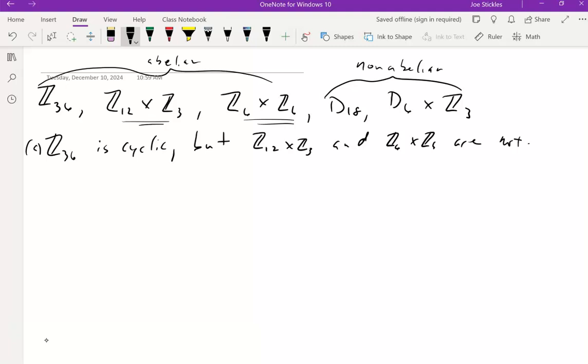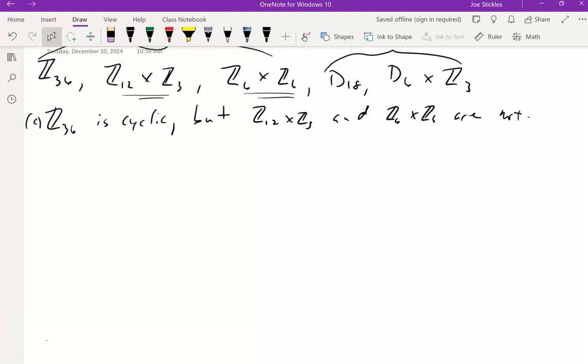So the next one's asking us to count out the number of elements of each possible order in both of those groups. All right, so let's do it in pieces. So let's look at the Z12. What are your possible orders of elements?